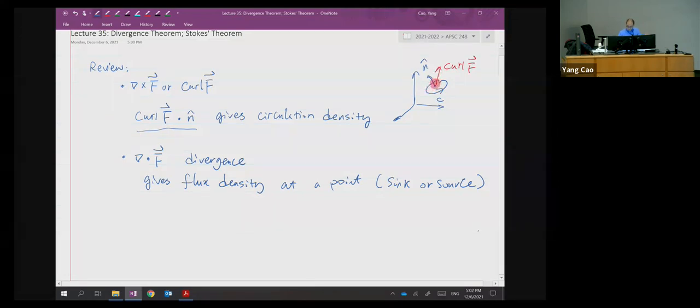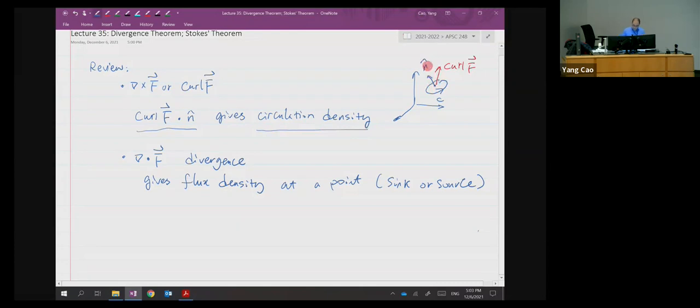We typically use a small curve C around this little point, n hat perpendicular to this small area enclosed by curve C. Then curl F dot n hat gives us the so-called circulation density in that n hat direction.